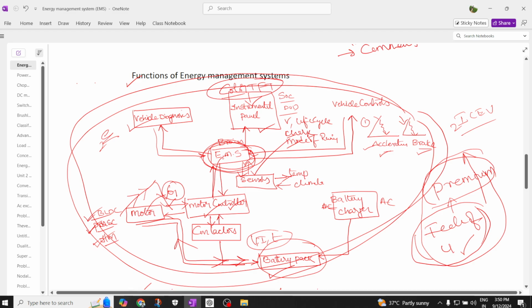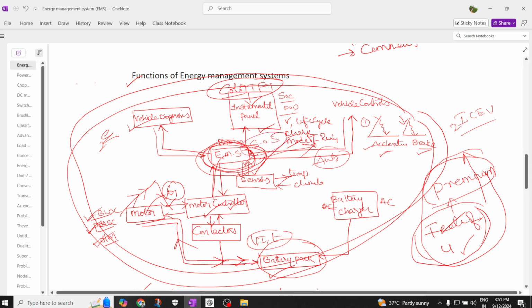That's why the energy management system plays a crucial role to handle better, to give better speed, better torque, and to have better performance and premium services like safety. If you meet with any accident, this energy management system will send a signal to the ambulance or to a nearby toll-free number saying some accident has occurred, you have to come nearer. So that kind of SOS operations are also possible with the energy management system.